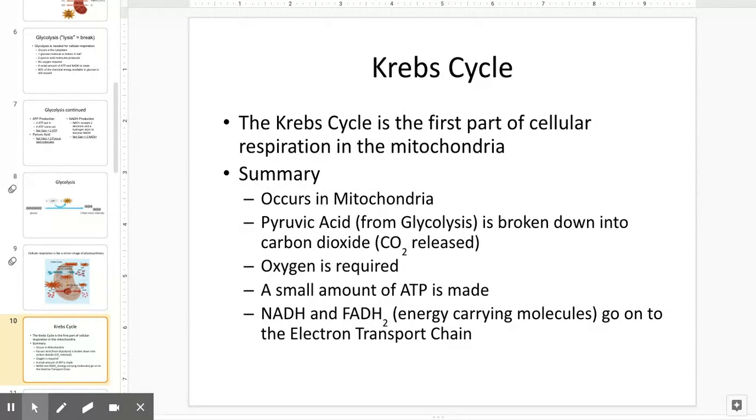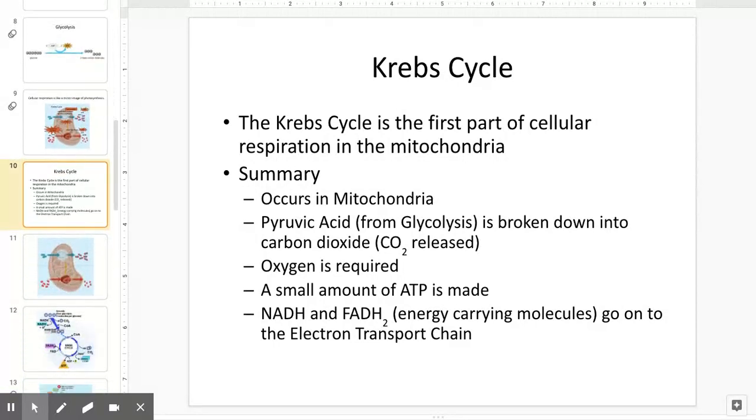This is in the presence of oxygen to create a little bit of ATP. However, the main product of the Krebs cycle are additional molecules of NADH and FADH2, which are energy carrying molecules that will then fuel and go on to the electron transport chain.